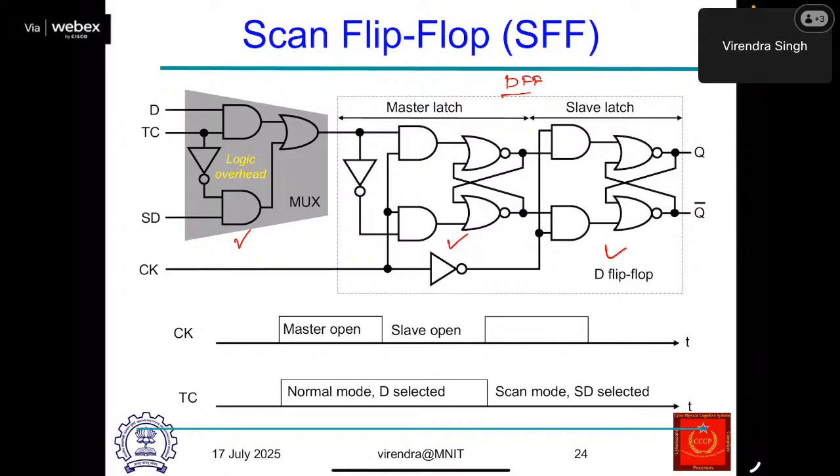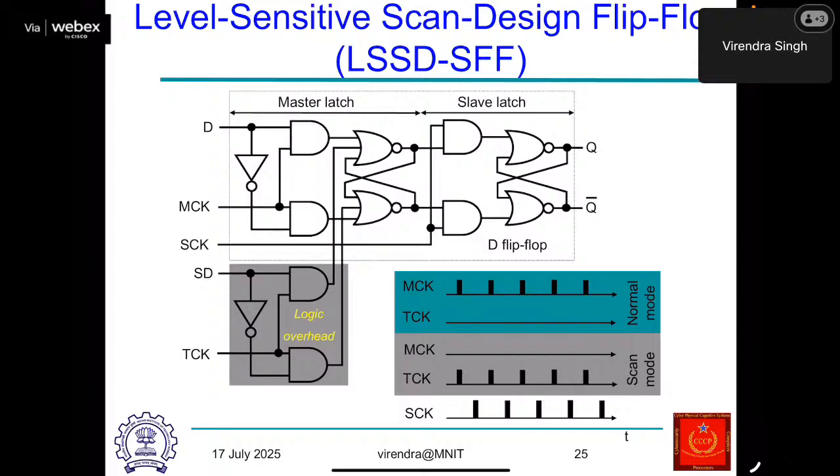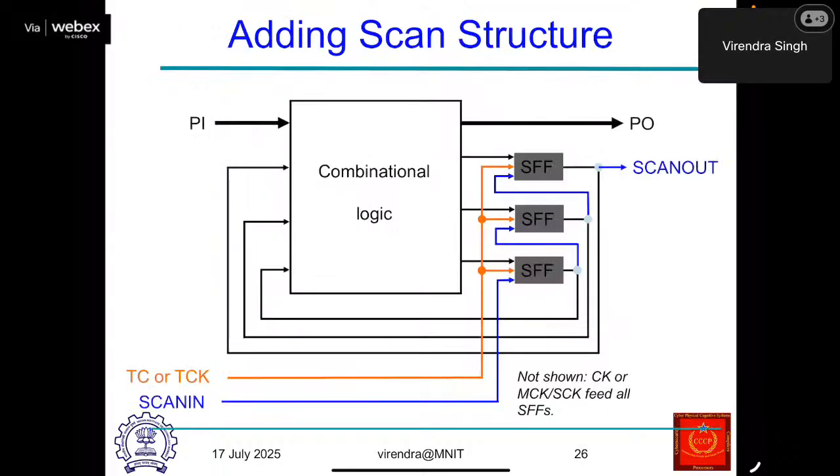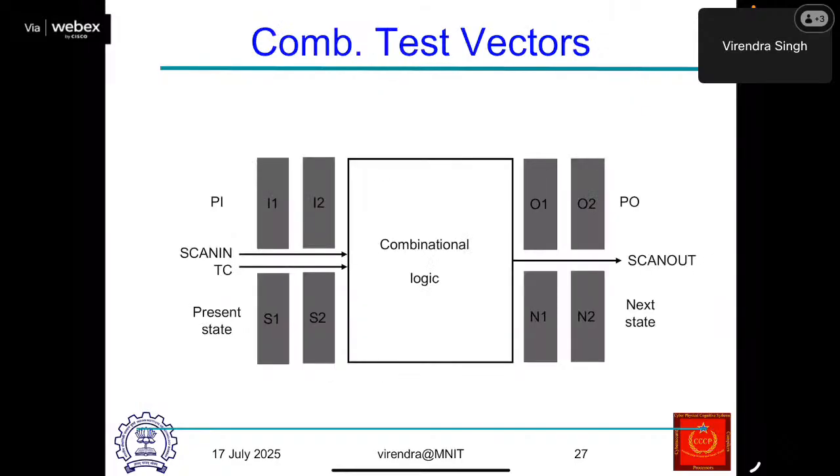Every flip flop is augmented by this. Now maybe LSSD I can skip. This is the way you can connect all the storage elements, and there is a test clock or test enable, and then there is a scan in and the scan out of the circuit.